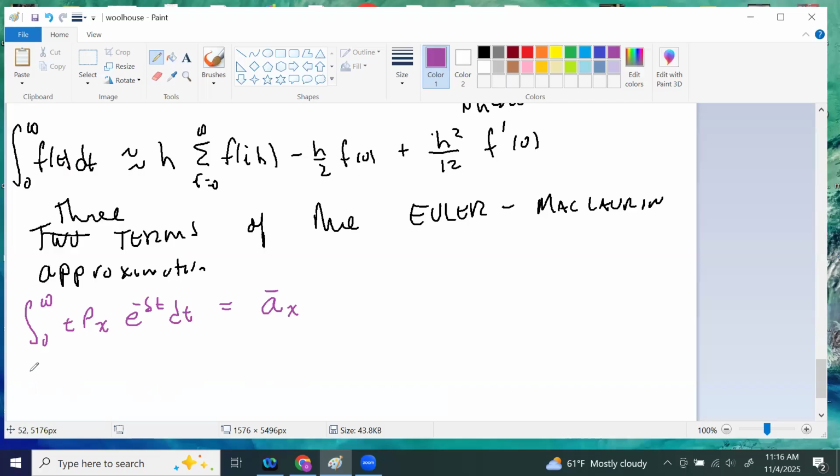Okay? Now for h equal 1, now we're going to use h equal 1. This term right here becomes annuity due, because it does start at 0, life hx, minus 1/2 function evaluated at 0, plus 1 over 12 first derivative evaluated at 0. Now we will fix this up at the end, where I should say what f is.